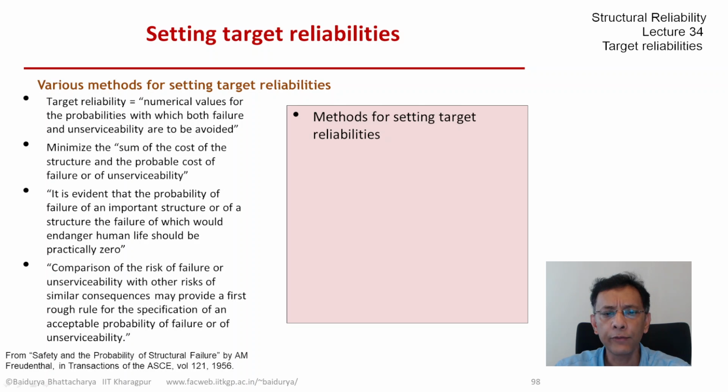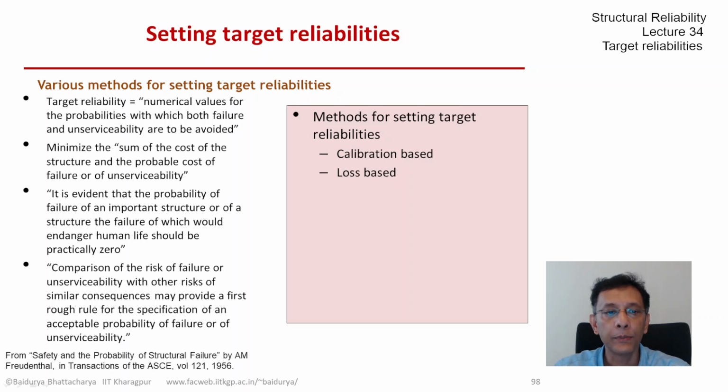So if we now have to group together all the different ways that exist for setting target reliabilities, the very first one would be calibration based, and we are going to look at that in detail next slide onwards.